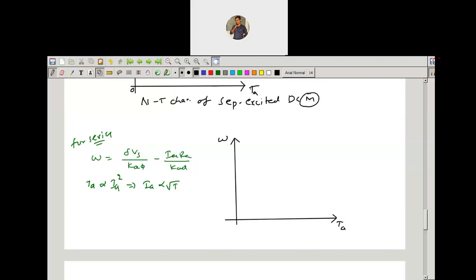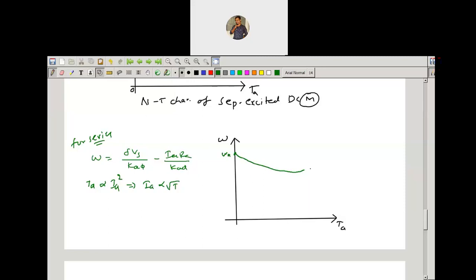So I am drawing here. Parabola, right? For example, the no load speed is omega 01, for delta 1. So you can observe a waveform like this, a parabola, like this shape. Okay.